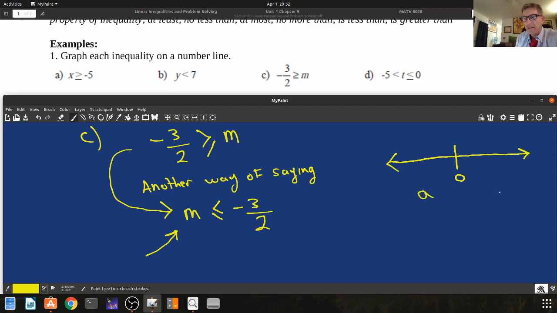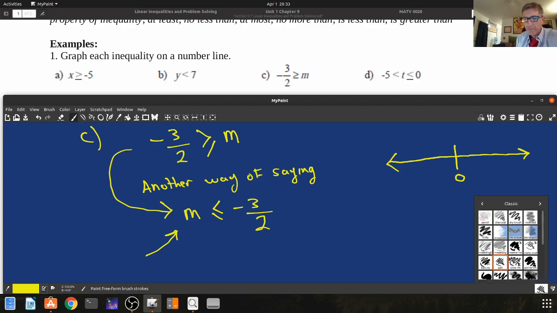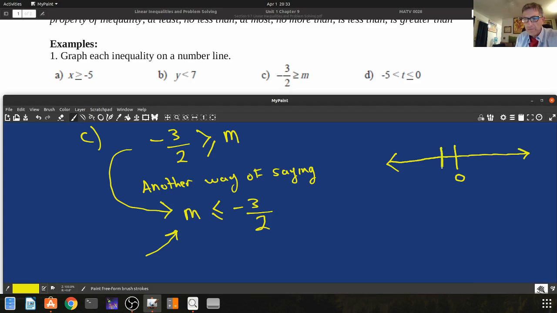Because if A is down here and B is up here, then we have that A is less than B. So in this case, all we have to do is find where minus 3/2 is. And I'm just going to say minus 3/2 is right there.